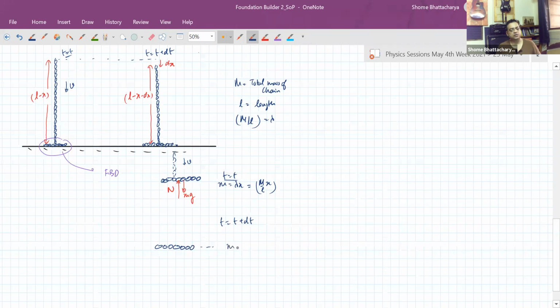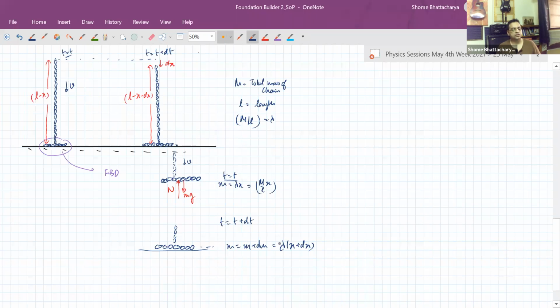Its mass has become m plus dm. That is lambda into x plus dx. So what has happened, that dm mass which has got added here, it was above ground.